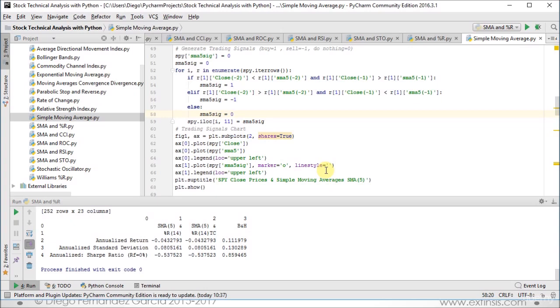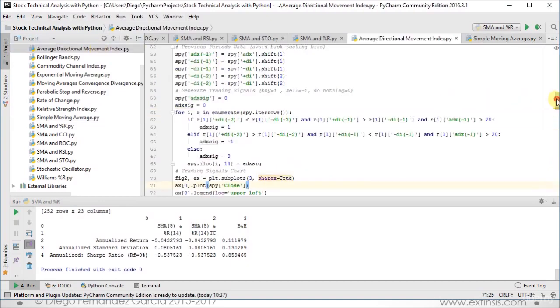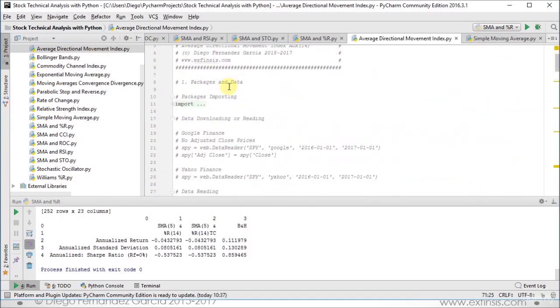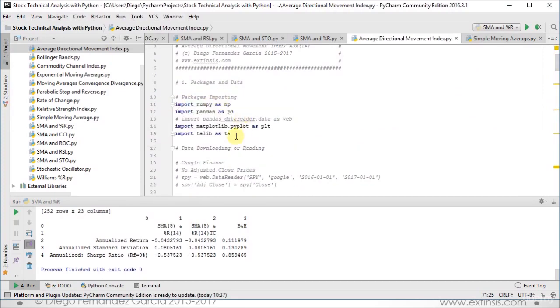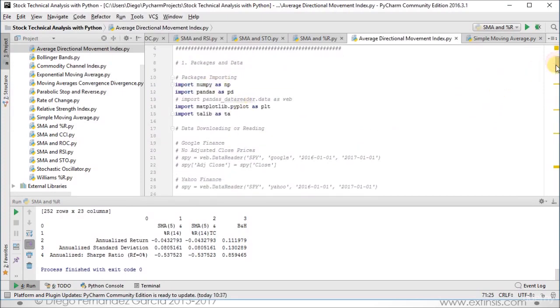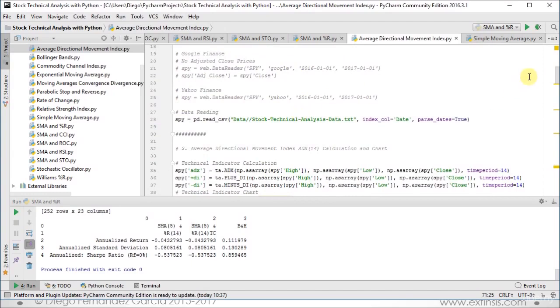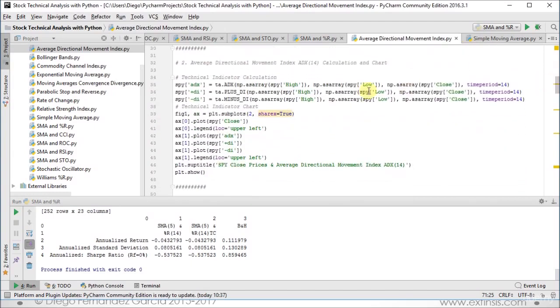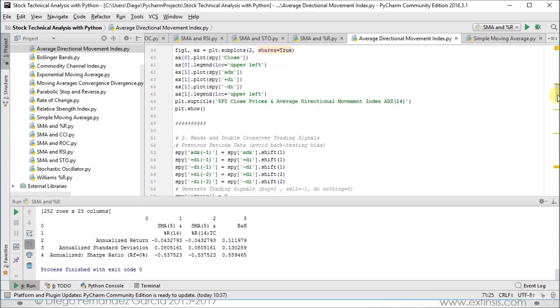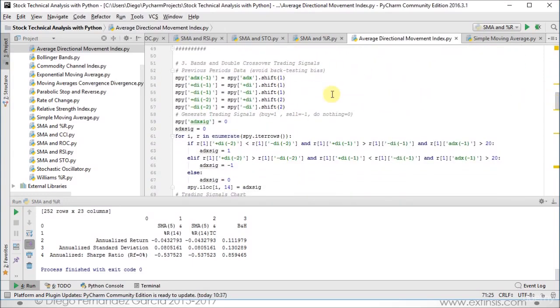So just highlighting the differences, going into the first of our leading indicators, but in this case with single indicator trading signals. Again, similar mechanics of importing packages, reading our data by default as well. Then we are calculating our technical indicator. Then we're charting, and we proceed to do the corresponding, in this case, bands and double crossover trading signals. Again, using previous period's data to avoid backtesting bias.